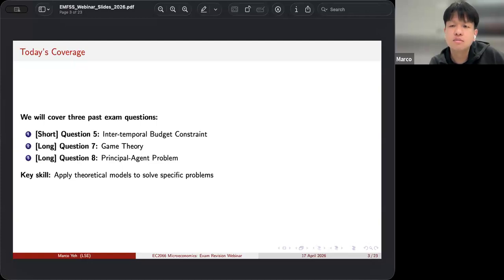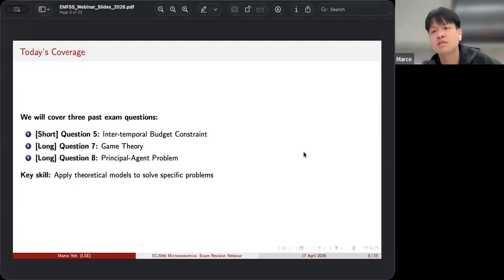Any other ones? Good. So now I'm going to cover 3 questions from the practice exam paper, and this is the 2025 May version B. If you check the practice exam paper, this is the one.